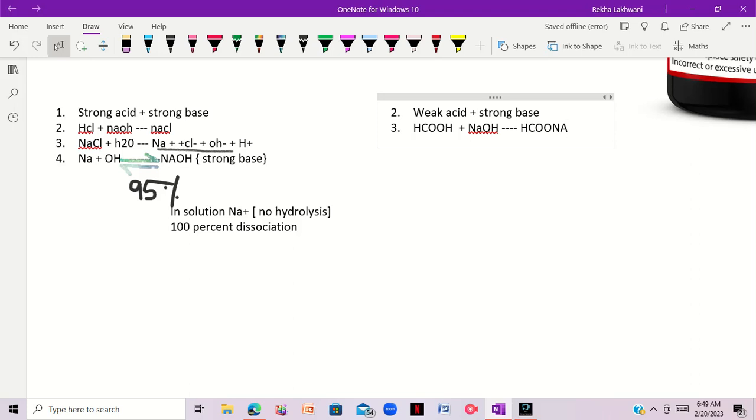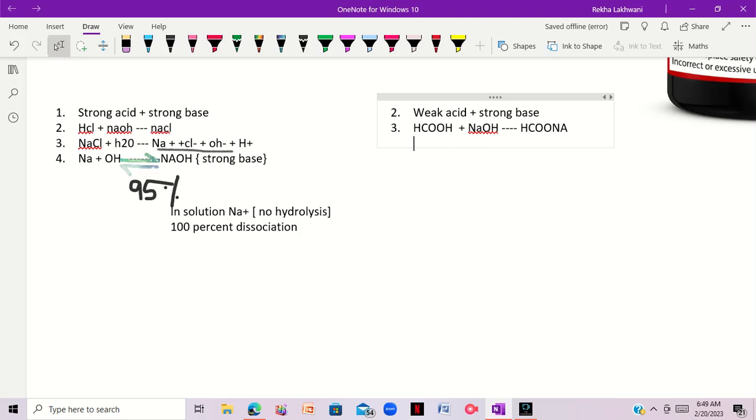This is known as sodium formate, and basically this is a strong salt, because it is derived from a strong base. Let's dig into this. We have a weak acid, which is formic acid. We have a strong base, which is NaOH, right? There will be a salt formed, which is sodium formate.